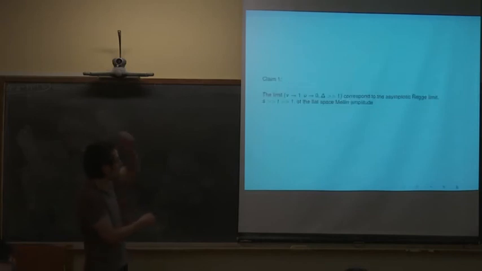Okay, so claim 1 is that the limit from the correlation function side, which is v equals 1, u equals 0, taking a large scaling dimension limit, actually corresponds to the asymptotic Regge limit of the flat space Mellin amplitude.